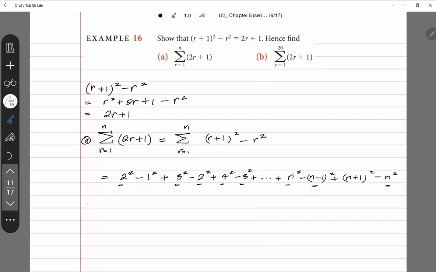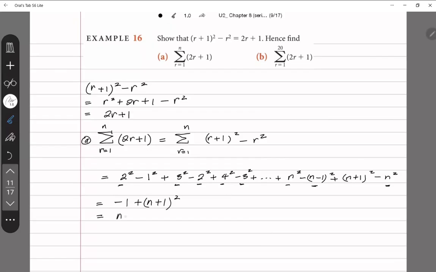So it means that this would be equal to minus 1 squared, which is minus 1. It's not minus 1 all squared, it's minus 1 squared, which is minus 1, plus n plus 1 squared. This is what remains.